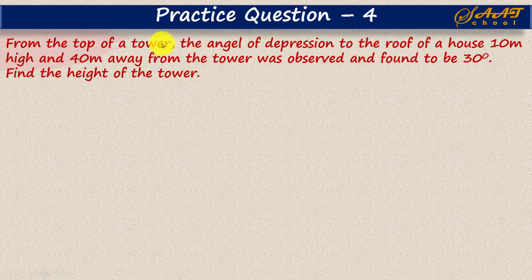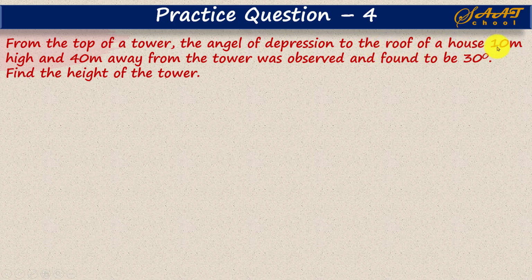That's why the tower is taller than the house. The reason is the observer is on top of the tower and he makes an angle of depression, meaning he is looking at the lower level, and the lower level is the roof of the house.